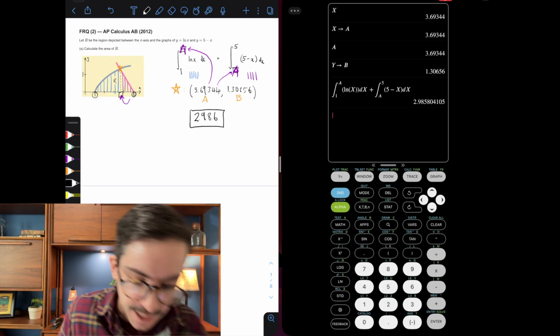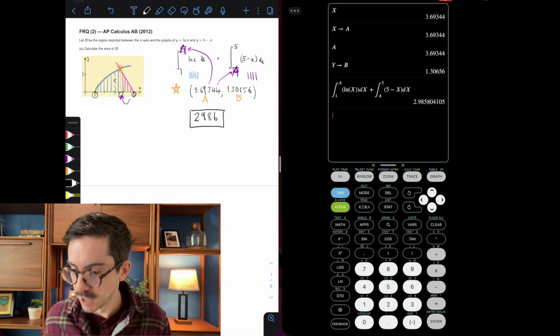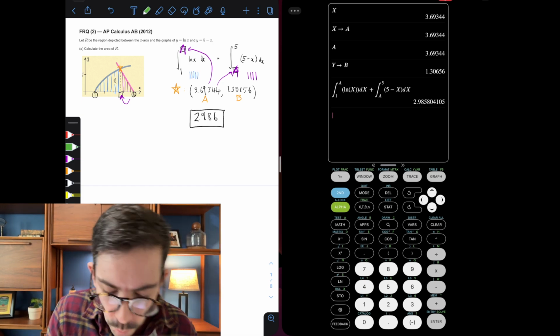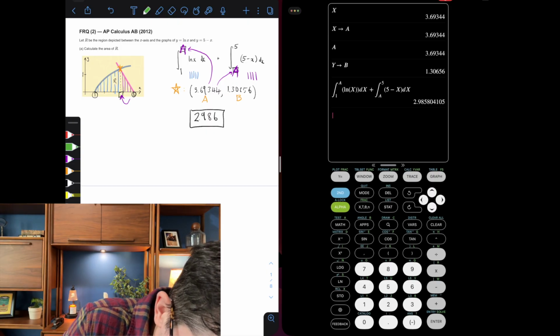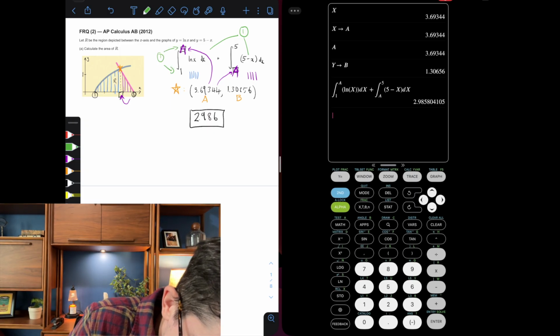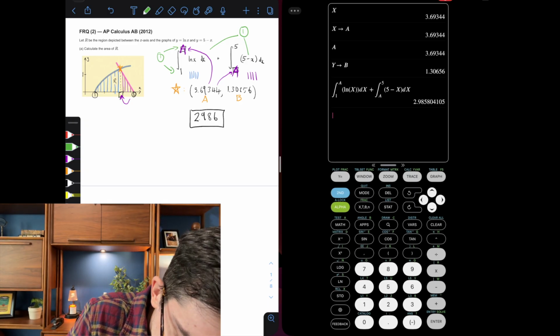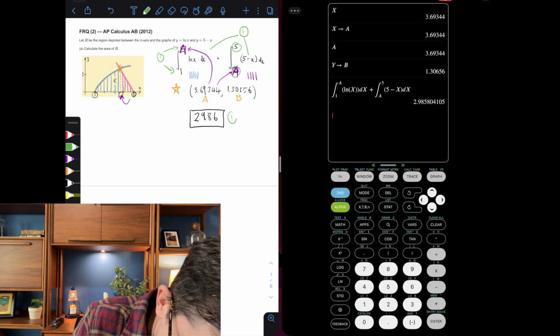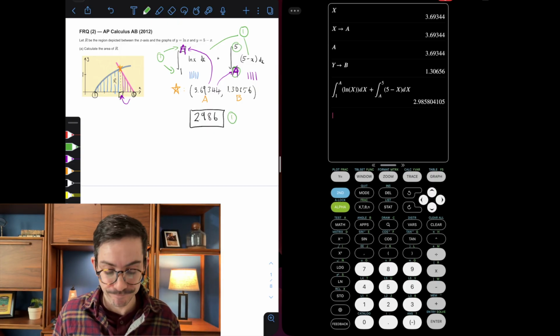That is the area of the region R. Great. How are the points divvied up here? Well, we get 1 point for the integrands, 1 point for the correct limits, both there and also these ones, and then 1 point for our correct answer.